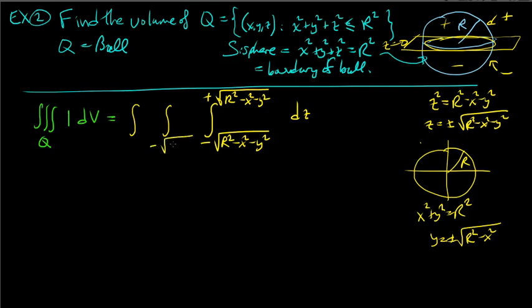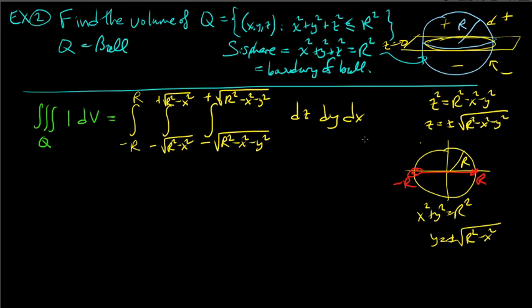So negative square root of r squared minus x squared, and positive square root of r squared minus x squared, dy. And then what is x doing? x starts here on the left and goes to the right, so that's negative r to positive r. If you want a number, these have to be just numbers, and r represents the number that is the radius. So that's dx.